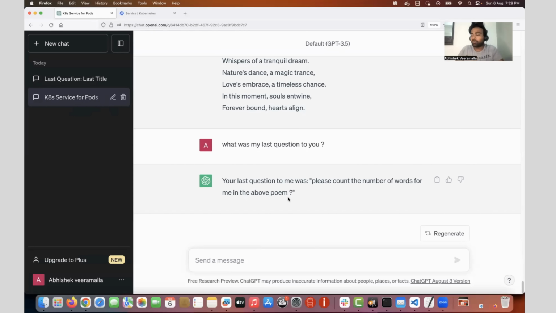Let's say you want to use ChatGPT for two different purposes. One is you want to learn about Kubernetes, and the other is you want to learn about Ansible. Try to keep both in different conversations so that ChatGPT will not be confused about the questions you are asking. For example, you are asking, explain about tasks. ChatGPT will be confused, are you asking about Ansible or Kubernetes? If you keep different conversations, it can give you answers in a much better way. Sorry again.